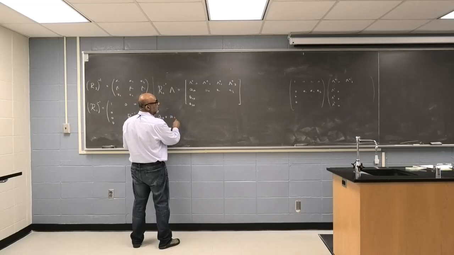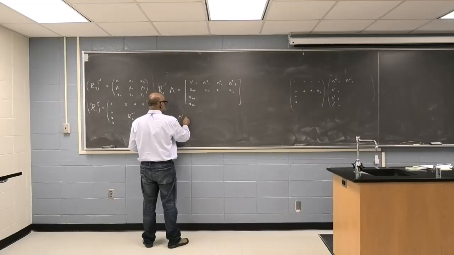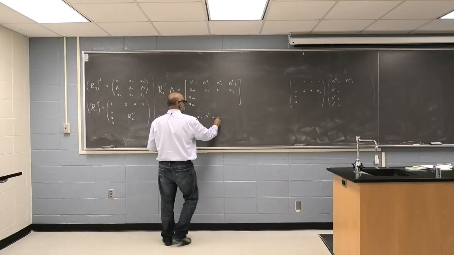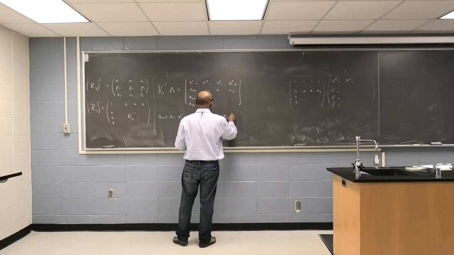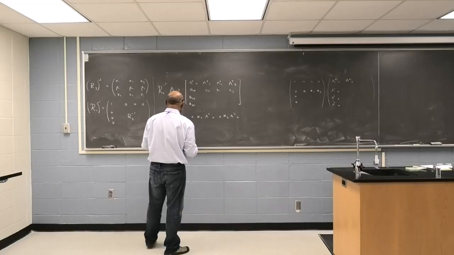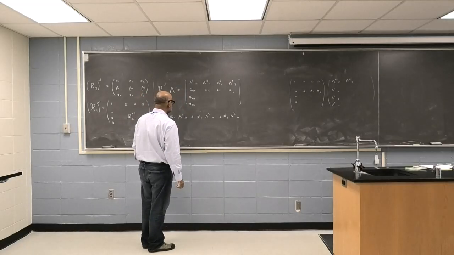Lambda 1, 0. The very first, lambda 1, 0, plus alpha 2, lambda 2, 0, plus alpha 3, lambda 3, 0. Did I write this any other way? No. But what is this equal to?